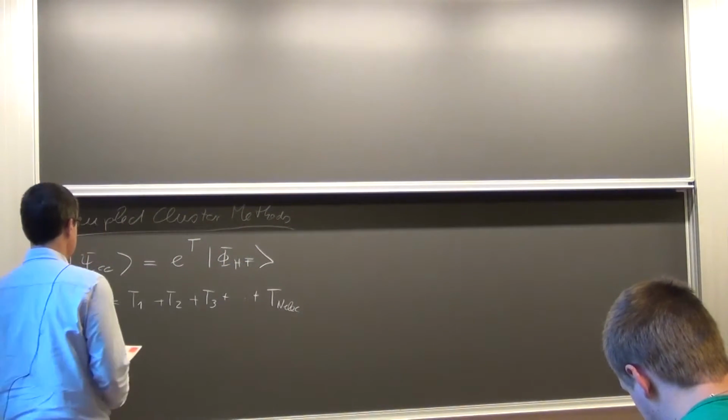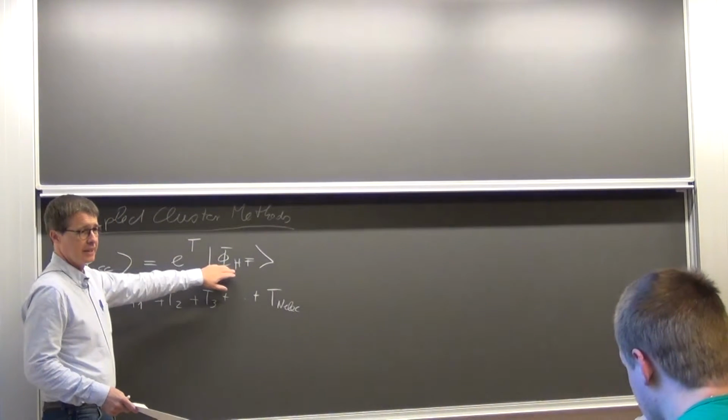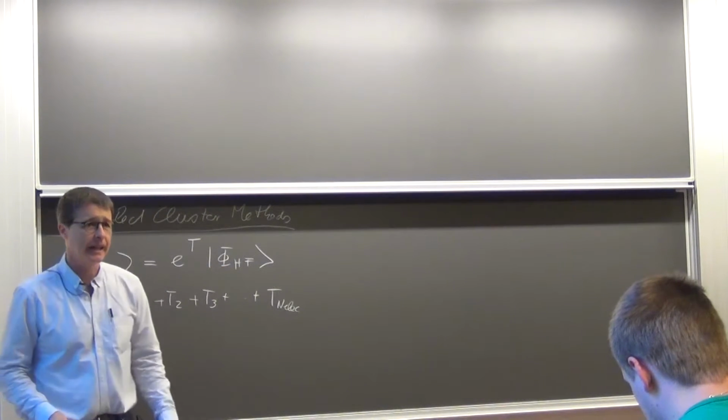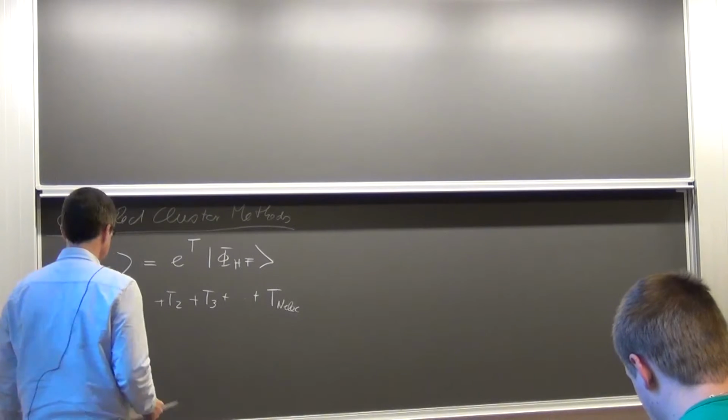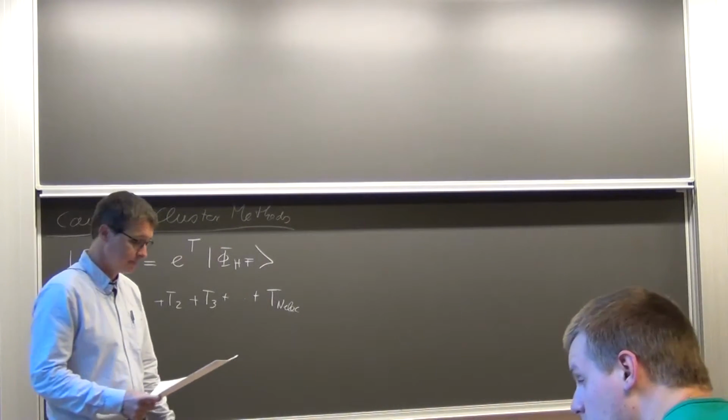So basically these are operators which generate single and double excited determinants when they act on the Hartree-Fock state, and you have them all combined here in this operator T.